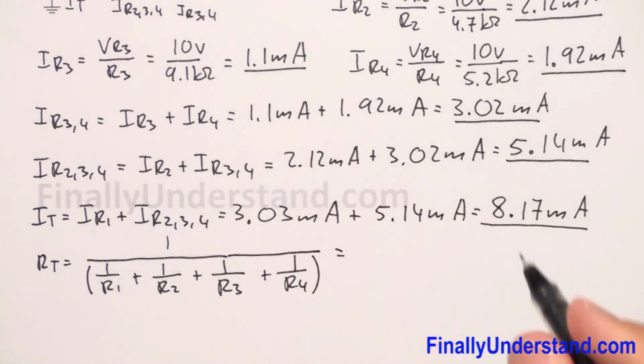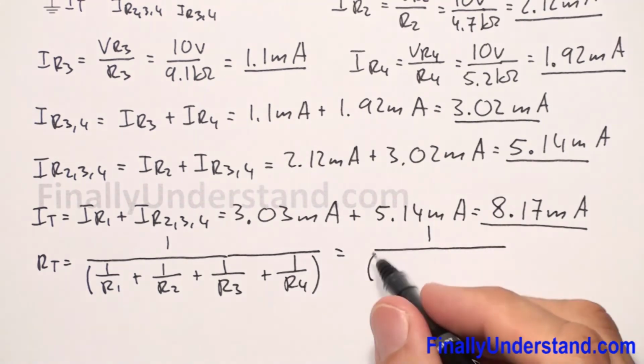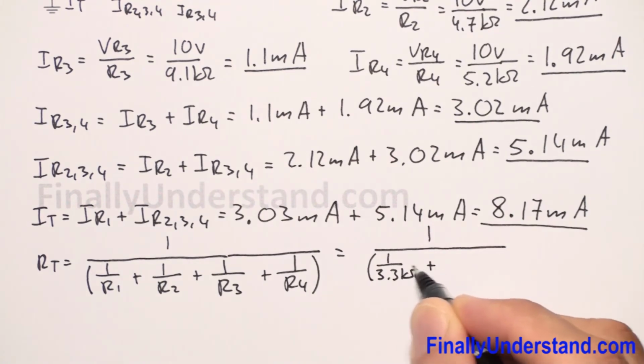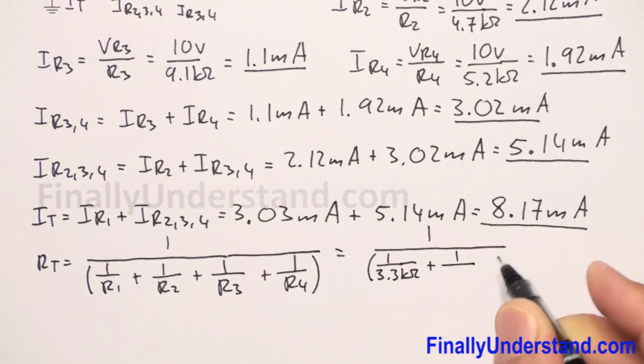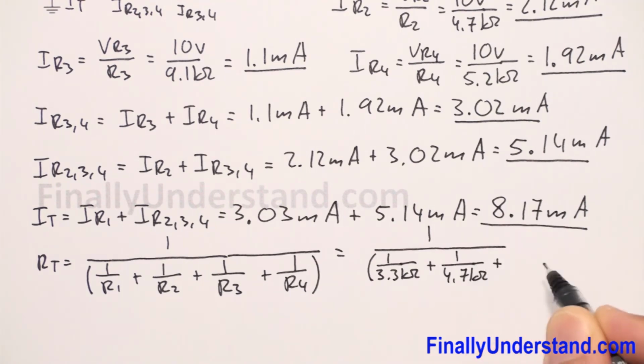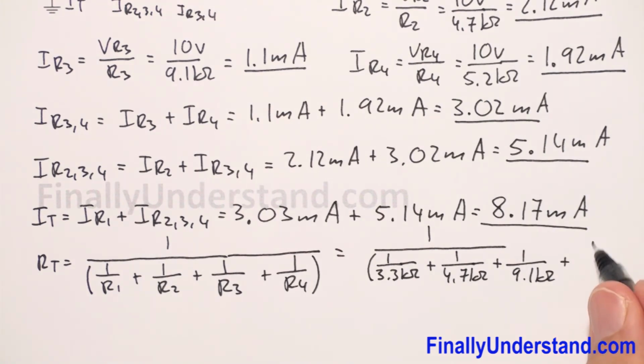So this is equal to 1 divided by, open parenthesis, 1 divided by 3.3 kilo ohms plus 1 divided by 4.7 kilo ohms plus 1 divided by 9.1 kilo ohms plus 1 divided by 5.2 kilo ohms.